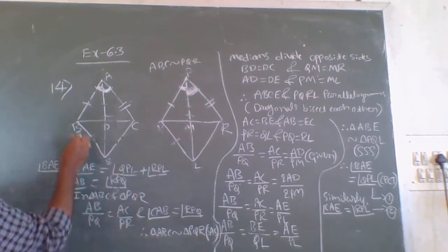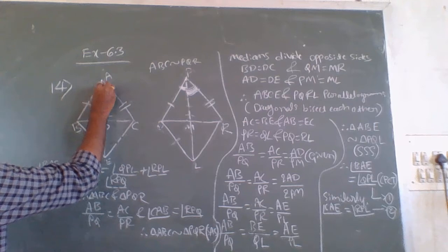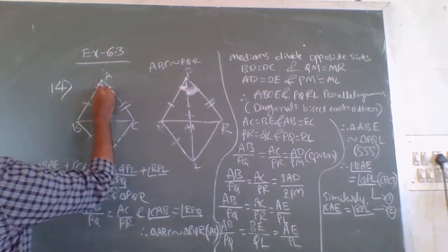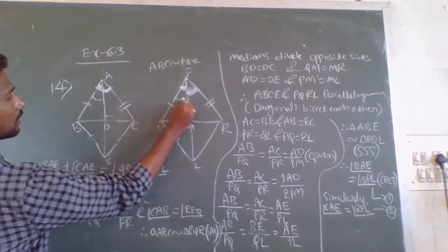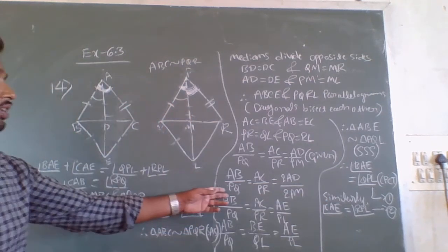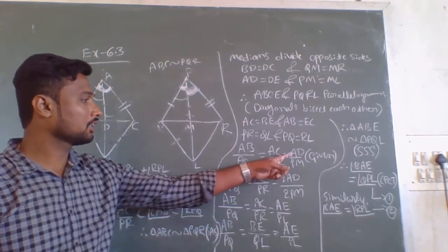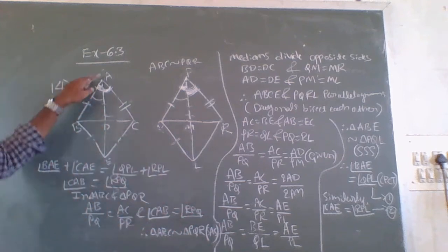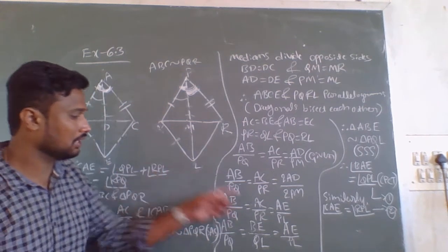If these two triangles are similar, then we can write by CPCT these two angles are equal. How to prove that? Directly write here, in the place of AD and PM, 2AD, 2PM. So we will get AE and PL here.